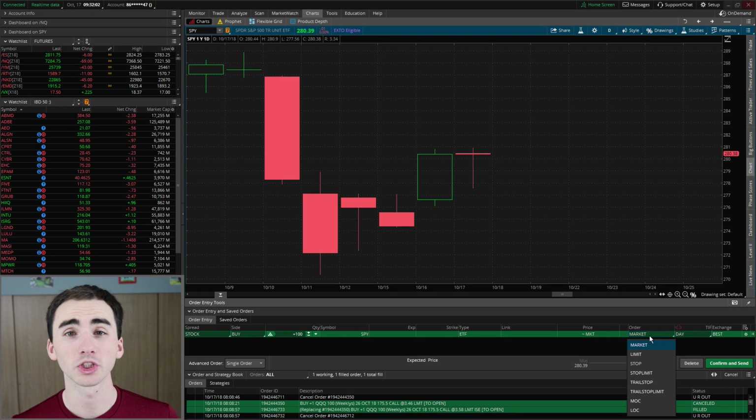And market orders are good for buying into a strong momentum move that a stock is having. If it just keeps going up and up, or just keeps selling off really quickly and the price just keeps moving, a market order is probably the best way to try and get in or get out of a trade in those circumstances.